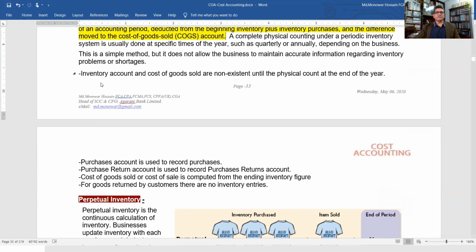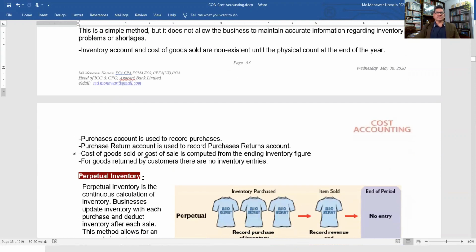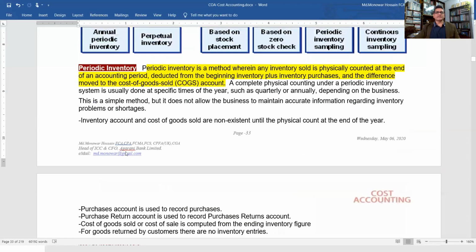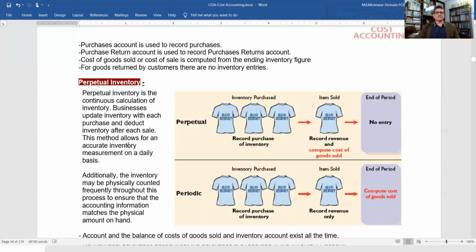So the inventory account and cost of goods sold do not exist until the physical count. The purchase account is used to record purchases, and the purchase return account for returns. That is the periodic system.